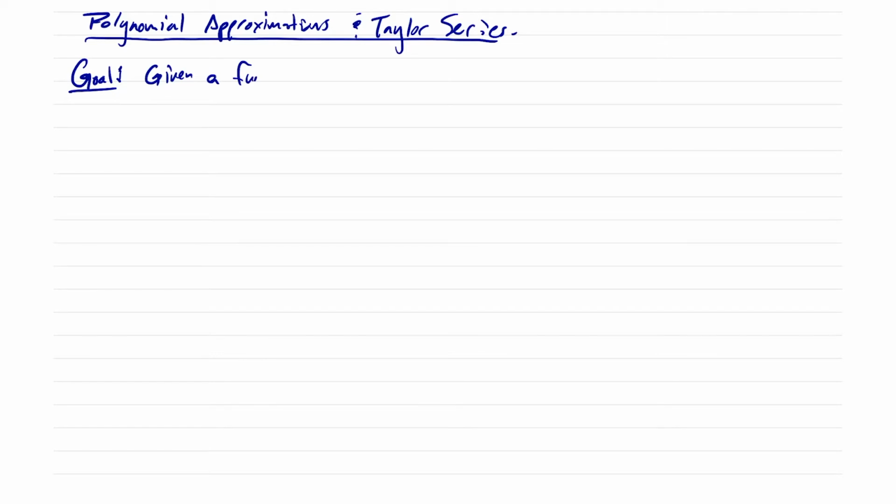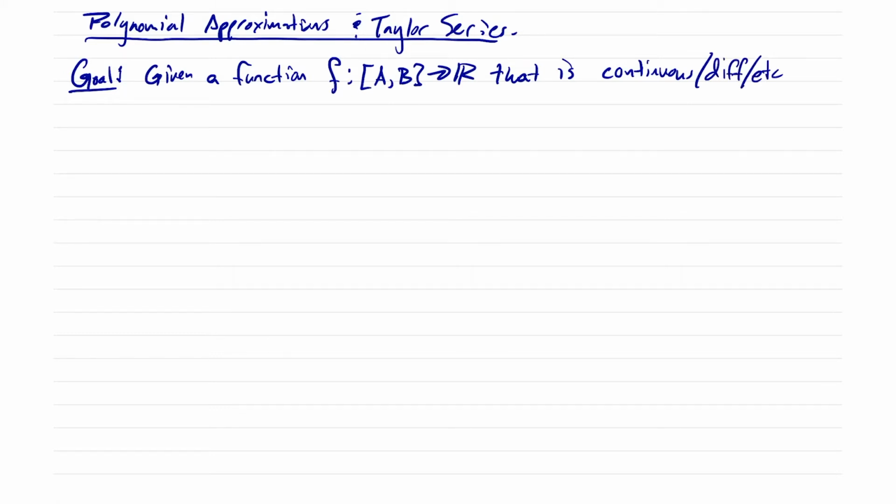Generally speaking, the goal of polynomial approximation is, given a function f from, say, some interval a to b to the reals, that is, say, continuous, differentiable, etc. We might need just continuous, we might need it to be continuously differentiable, we might need it to be infinitely differentiable, etc.